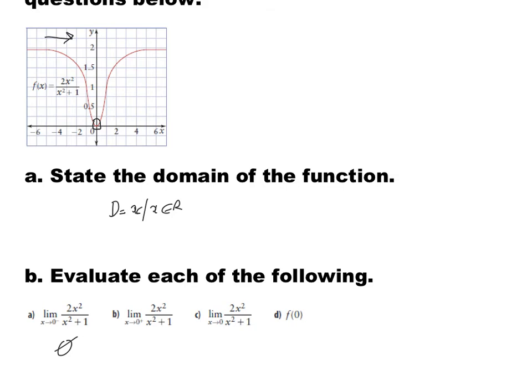If we go from right, then the limit again is 0 when x gets close to 0. Then the limit when x goes to 0, since the left and right limits are the same, it becomes 0, and the function at 0 is 0.